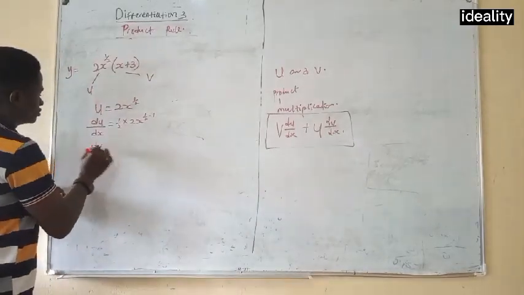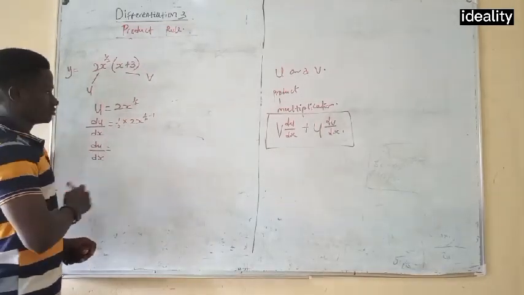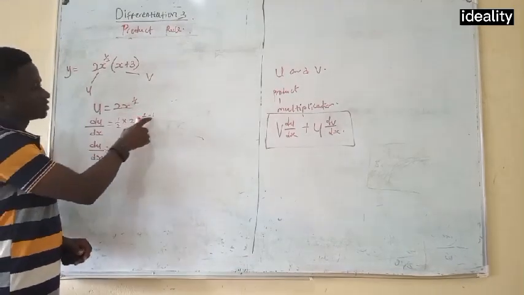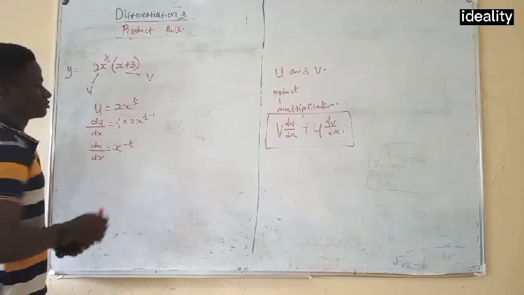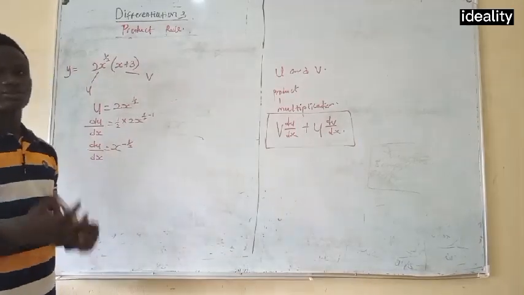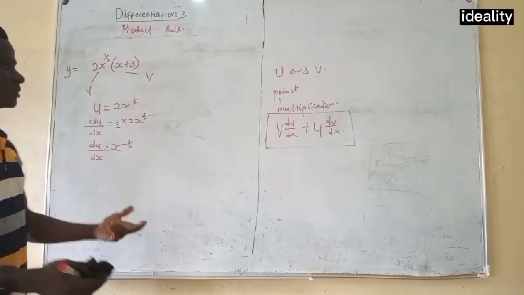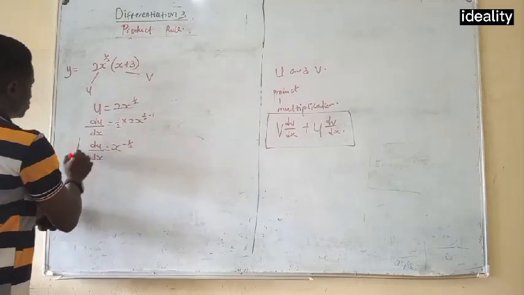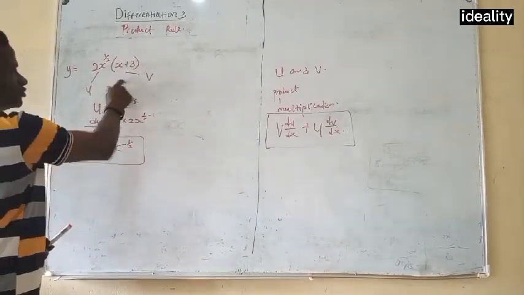So we have du dx is equal to 1 over 2 multiplied by 2, that is 1. So you have x raised to the power 1 over 2 minus 1, that is minus 1 over 2. That's simply the process. So apply the general method and you have a final answer. Now, this is du dx. Let's keep this aside. Now, let's move to v.